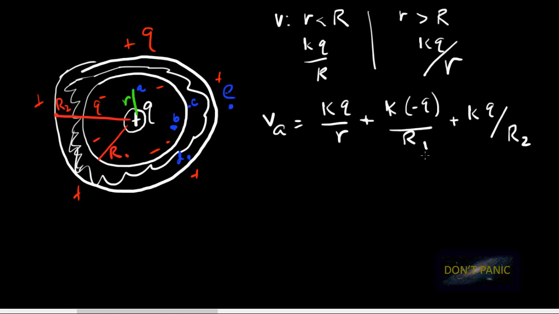Okay, so we use capital R's here because these are the radii of the shells, and since we're inside these shells, we have to use the capital R.